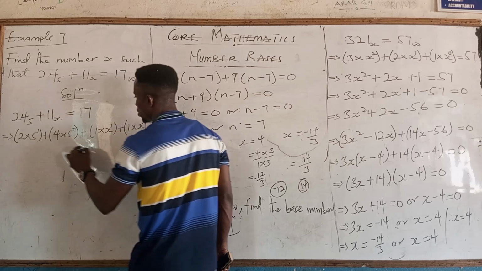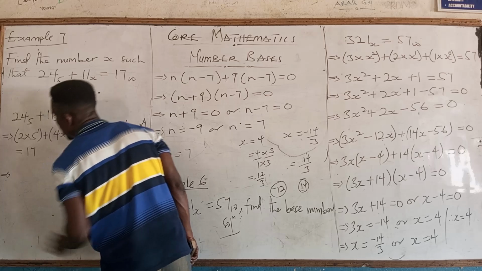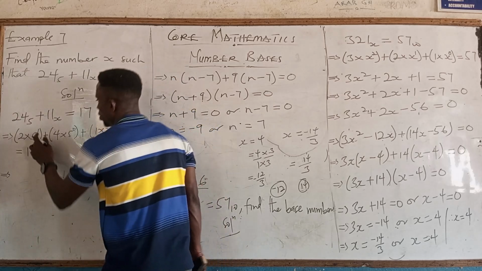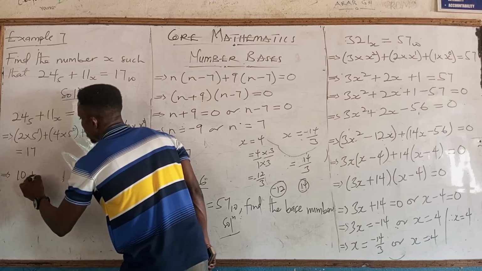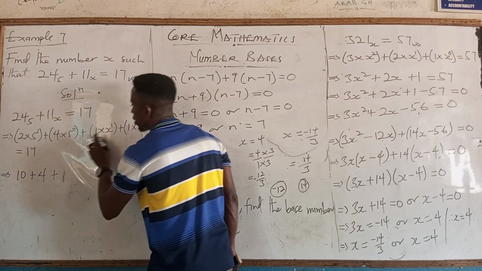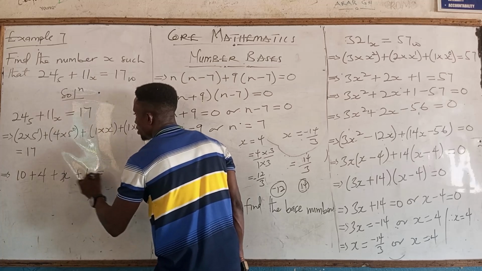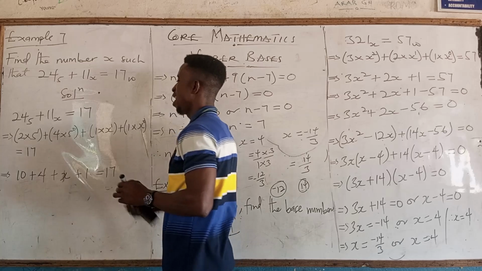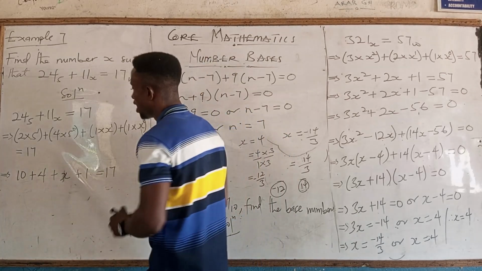Which is equal to 17. Then this implies that 10 plus my 4 plus x plus 1 is equal to 17. And the degree of the variable here is 1. So it's what? Linear equation.